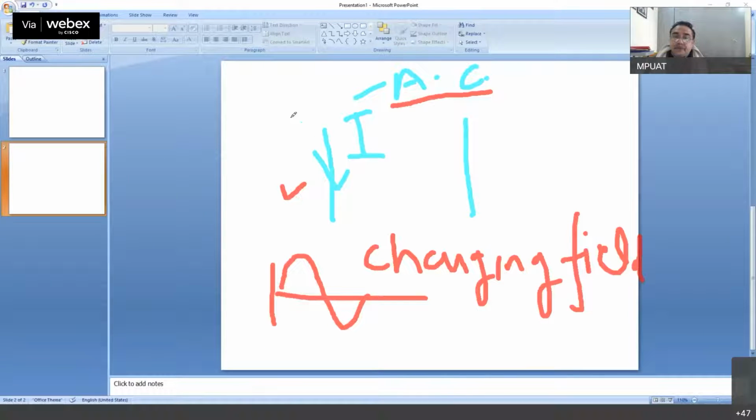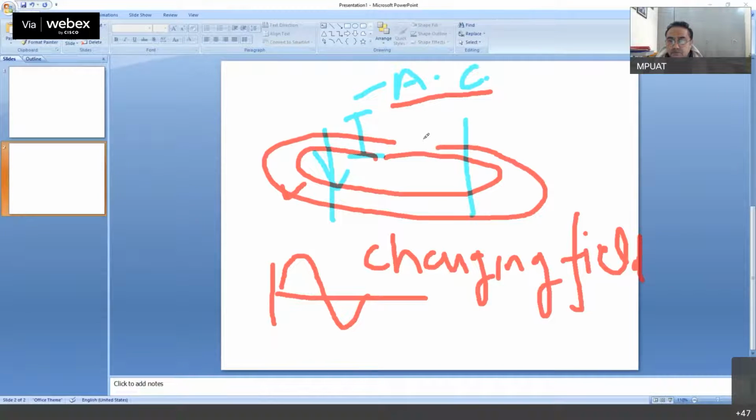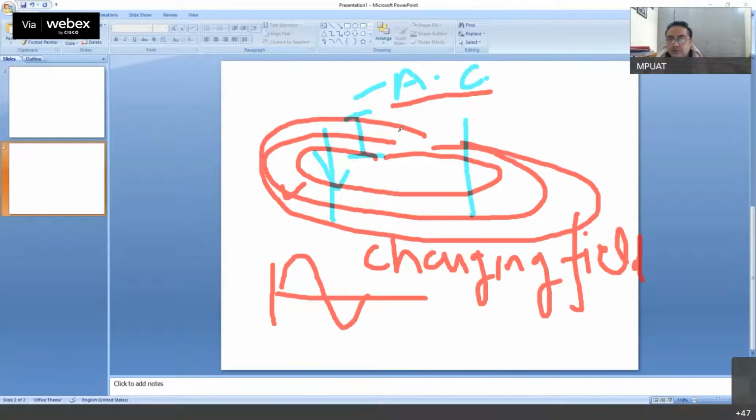Now, as per Faraday's law, whenever a changing magnetic flux links another conductor, this magnetic flux will be like this. So a current is flowing through this conductor, and the magnetic field, being AC, is an AC magnetic field produced around it. Now this AC magnetic field will link this second conductor also.